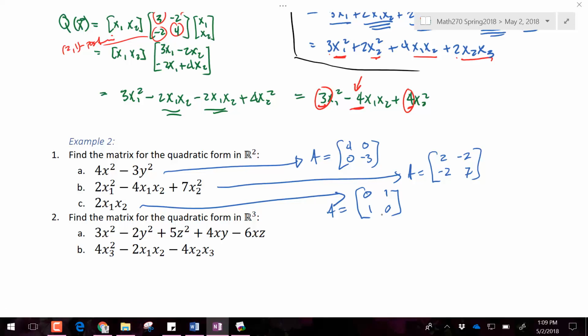So there's something interesting about our first example A. What can you say about the matrix? It's a diagonal matrix, right? It's just a matrix of diagonals, with zeros everywhere else.